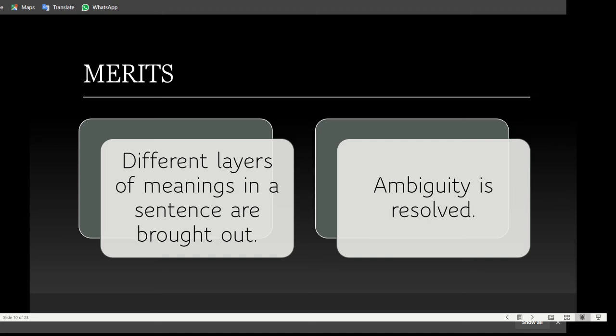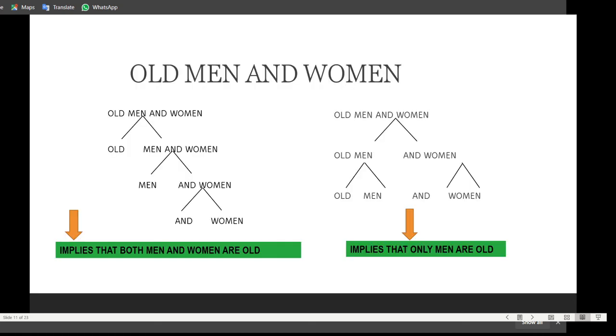First, different layers of meaning in a sentence are brought out. For example, old men and women. Two possible divisions, two possible meanings are there in this sentence. One is that both men and women are old.